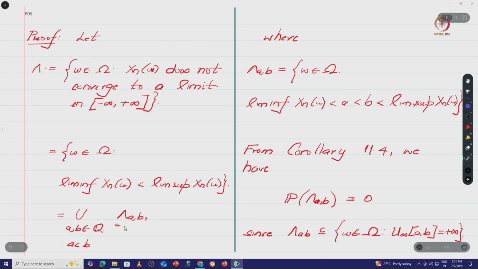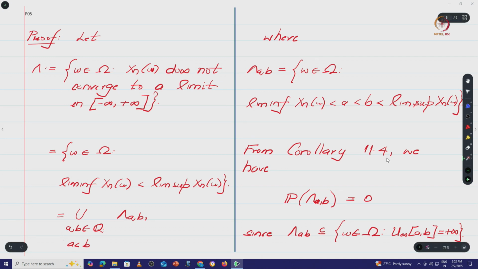Notice that I am not saying this union is a disjoint union, so some of the omegas could overlap multiple Lambda ABs. It does not matter. What matters is that this set of rational numbers is a countable set, and hence this is a countable union. That is the key part.